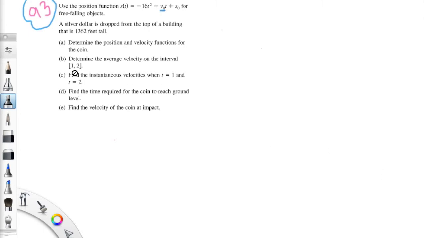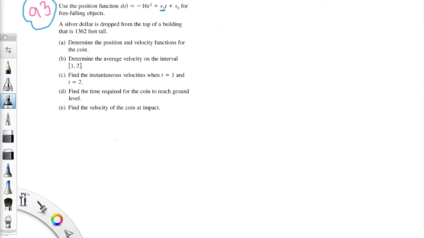So basically just plug in 1 into negative 16t squared plus 1362, and then you get the y value of that position, and then you plug in 2 again, and then you get the y value of that position, and then you plug those values into the slope formula, and you'd get the average velocity.